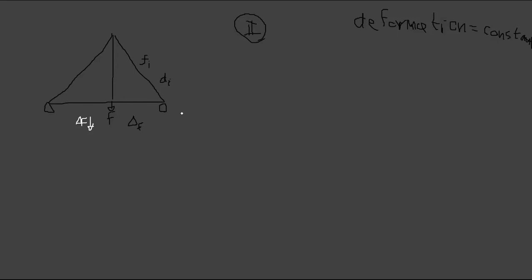Let's say your force is 100 kilonewton and the deformation is 1 millimeter. If your additional force is 1 newton, the resulting change will be something like 10 to the power minus something millimeters, very small, so you can assume the deformation is not changed.